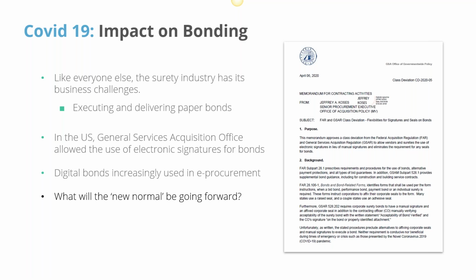Now, we know the pandemic should come to an end at some point, but obviously with the second and third waves that are expected, I guess the question is what will the new normal be going forward? I think there's a real place for using digital bonds that eliminates the concerns of, sadly, the interaction of people delivering paper to other people.